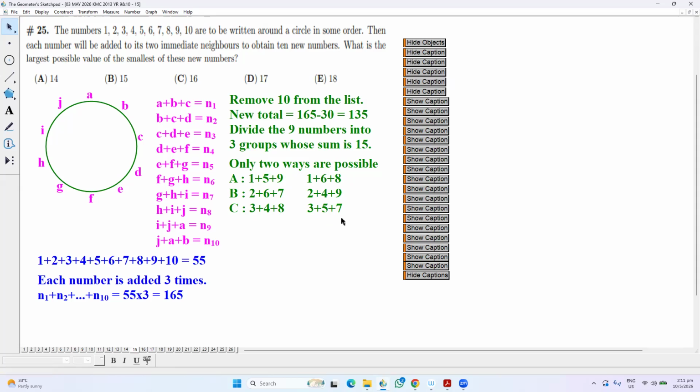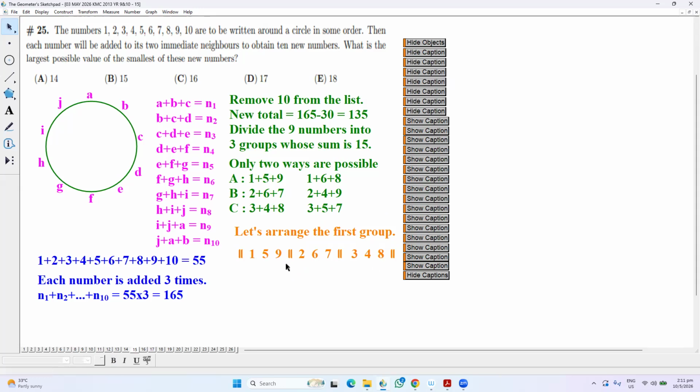We will now arrange these 9 numbers so that every triplet is 15. Let's arrange the first group, the one on the left. So yeah, 1, 5, 9, 2, 6, 7, 3, 4, 8. So we have 15, 15, 15.